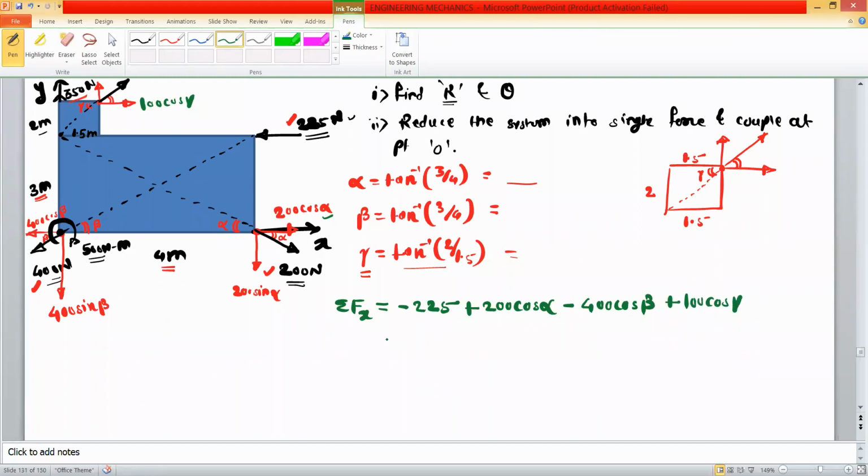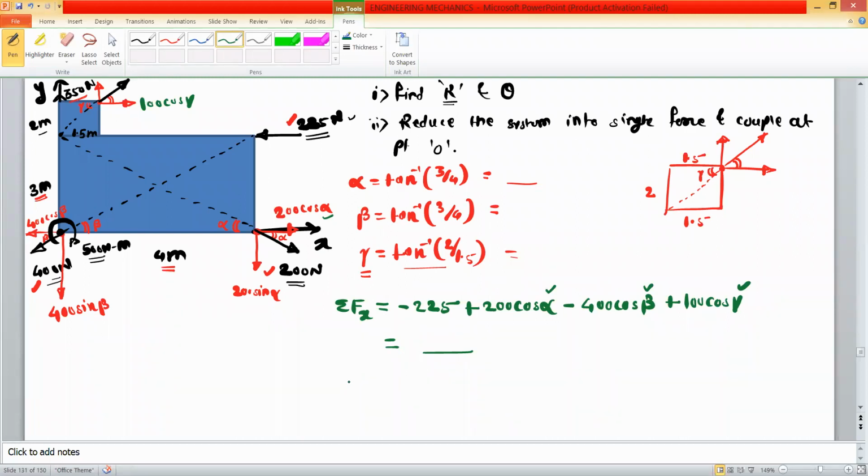So this is your summation fx. Put the value of alpha, beta and gamma. You will get some value for summation fx. Then observe the sign whether it is positive or negative, and depending on that select the direction.